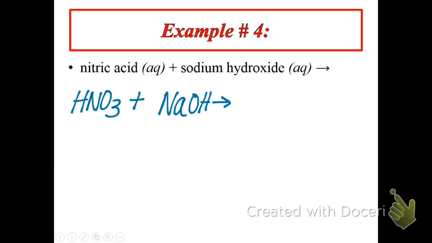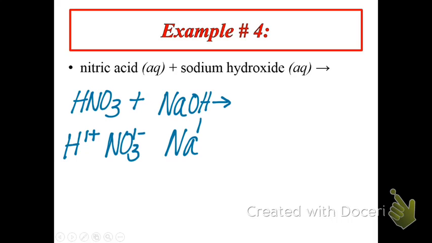An interesting thing about acid-base reactions is that when we go to break this down, we have hydrogen, we have NO3, Na. Now, acid-base reactions are still part of the double displacement category. It's just, you're not going to get a solid. I guess you can. I'll rephrase that. You can get a solid, but you're also going to get a different product.